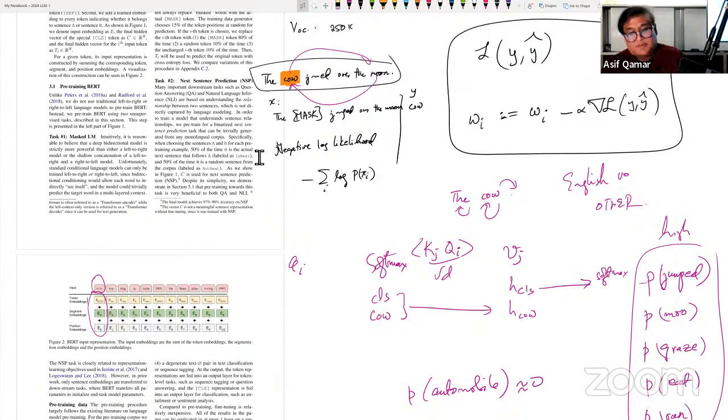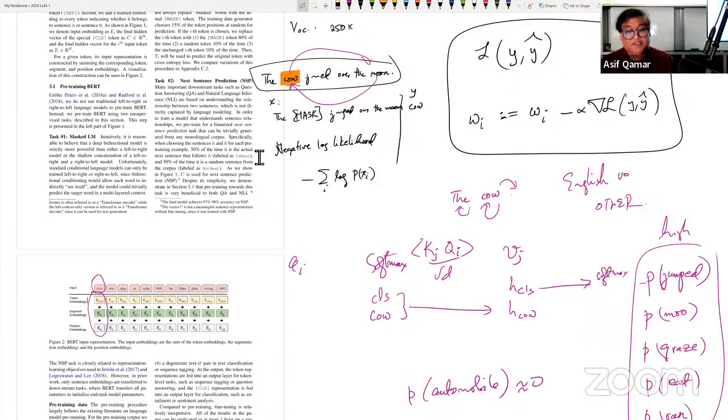Many important downstream tasks, such as question answering and natural language inference, are based on understanding the relationship between two sentences, which is not directly captured by language modeling. Language modeling is the masked language model. In order to train a model that understands sentence relationships, we train for a binarized next sentence prediction task that can be trivially generated from any monolingual corpus.